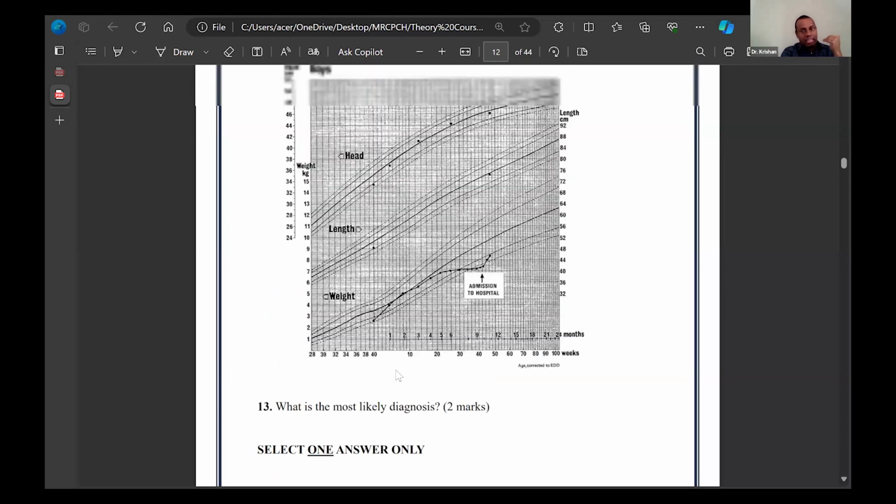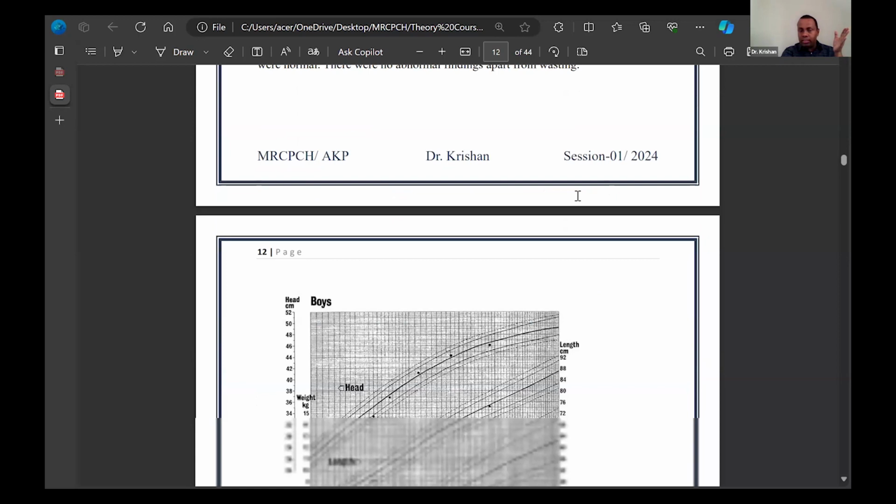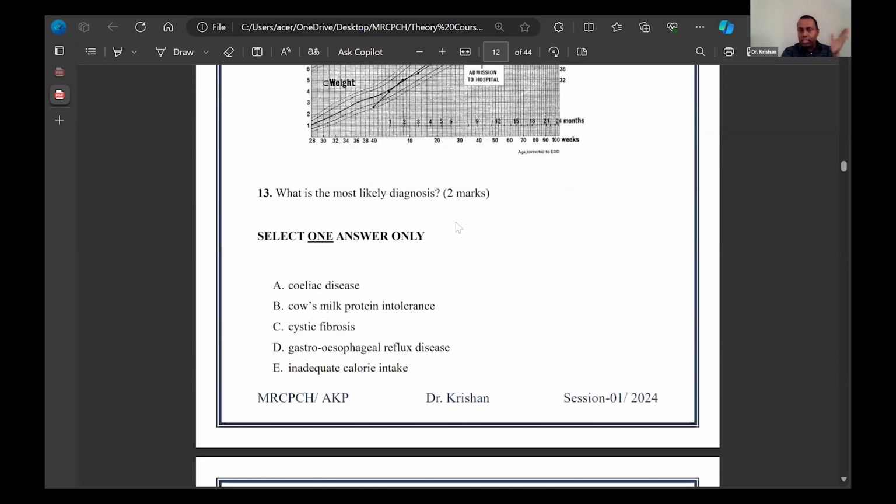Here it says the child has been on mixed feed. While on a mixed diet, children with gluten sensitive enteropathy or celiac disease will not improve. So that is unlikely.